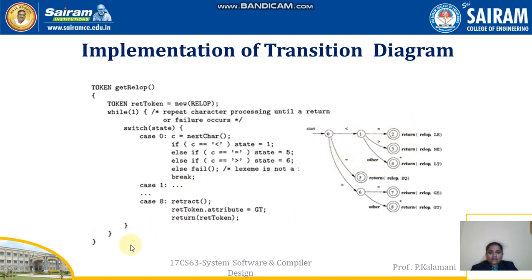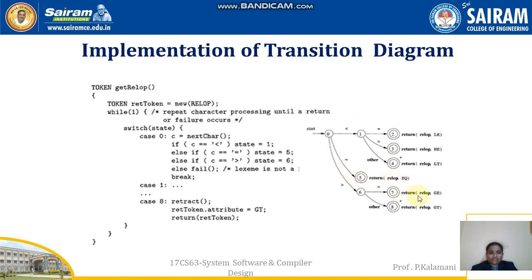Then case 2, case 3, case 4, 5, 7, 8 are all final states. In the final states 2, 3, 5, 7 there is no retracting. So if it is state 5, return the token relational operator equal to.